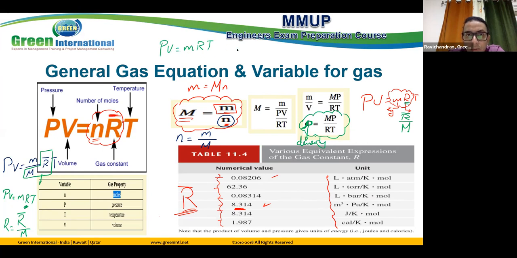So if we get mass by volume on one side, what remains is V moved over, giving P over RT. So what is m over V? It is density, which equals P over RT. So we have another relation, density, coming from this equation: the density of the gas is equal to P over RT.